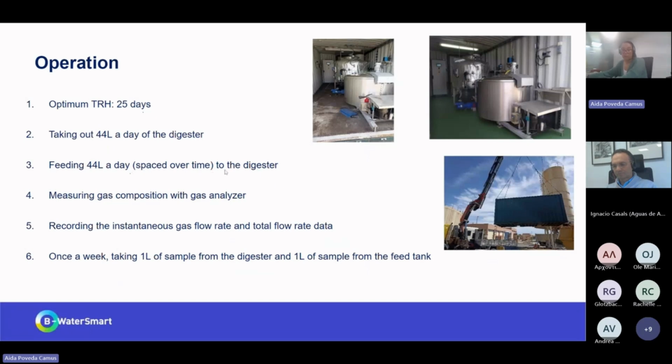This is so important to the digester. After that, we measured gas composition with a gas analyzer and recorded the instantaneous gas flow rate and total flow data. Finally, once a week, we took 1 liter of sample from the digester and 1 liter of sample from the feed tank.